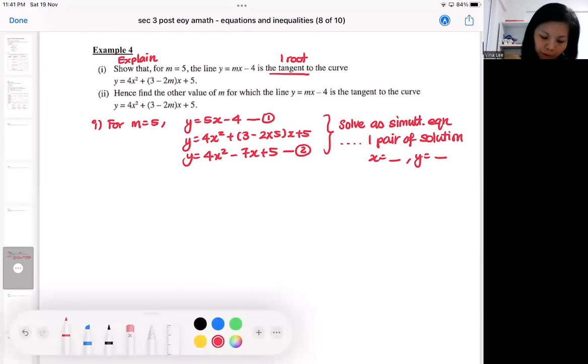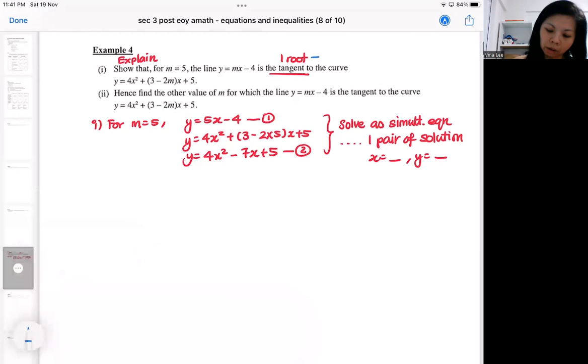Another way will be to make use of the condition for one root. So another way is to show the condition for the discriminant. In this case, if I want to show the discriminant, I will need to get the values of my a, b, c, which will come from the simultaneous equation.